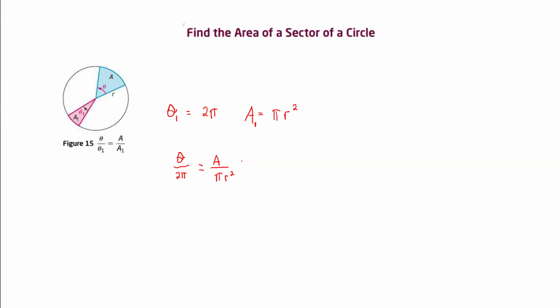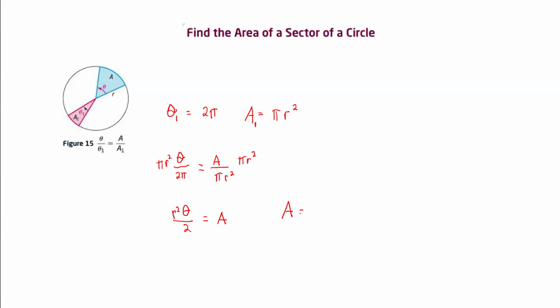So we're going to do the same thing and solve this for A. If I multiply both sides by pi r squared, what do we got left here? Okay, so on this side, we're going to divide the pi out. So we're going to end up with r squared theta over 2 is equal to A. And we like to see that with the solved for variable on the left.